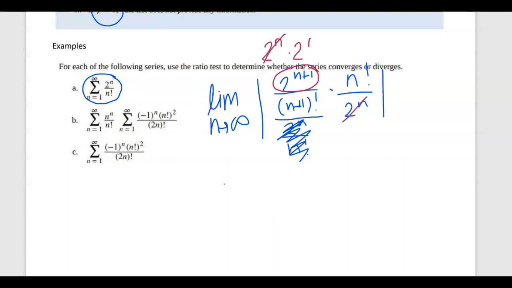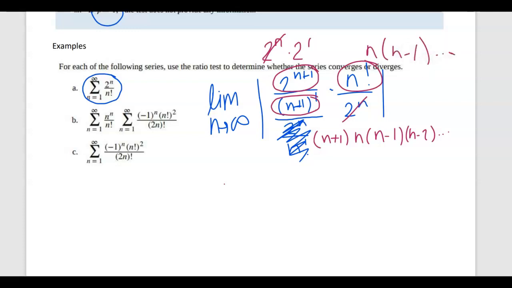All right, n plus 1 factorial is n plus 1 times n times n minus 1 times n minus 2, and so on and so forth. n factorial is n times n minus 1, and so on and so forth.